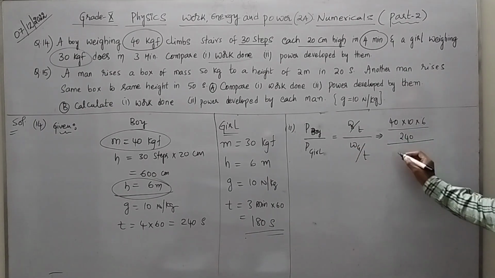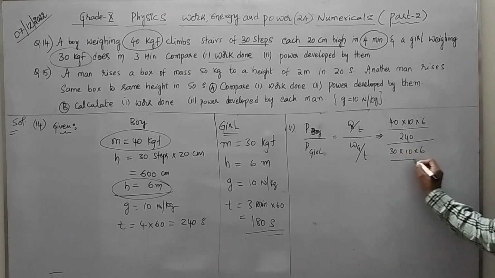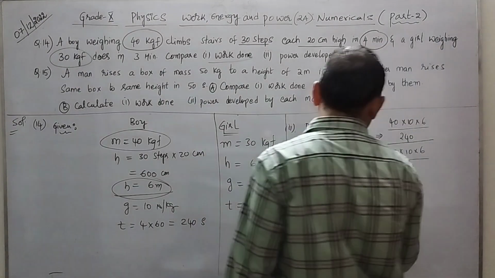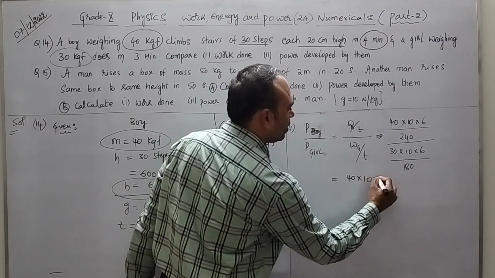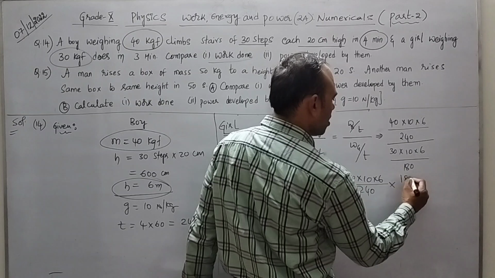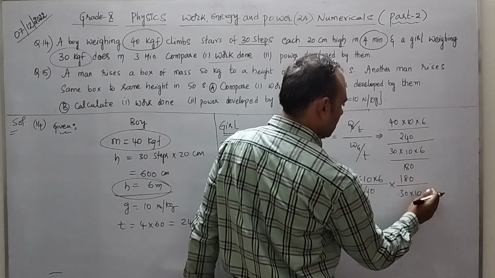Now work done by the girl, 30 into 10 into 6, mgh, by time 3 minutes, 180 seconds.